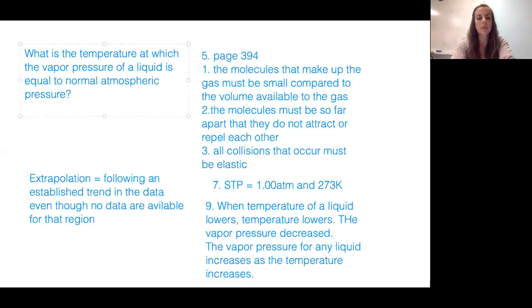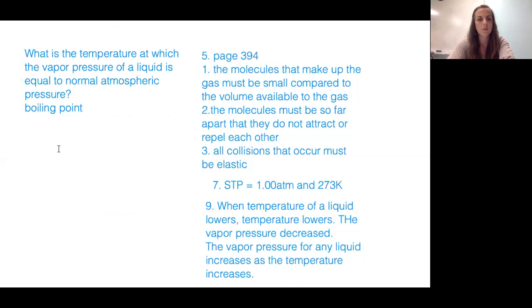You should remember this because when we talked about it, we talked about how at higher atmospheres, your boiling point is going to be lower. So boiling point would be the answer to that question. That is also known as boiling point. And we talked about that earlier in the module.